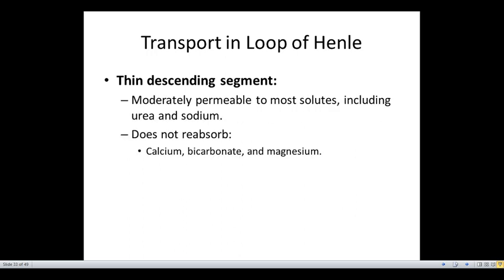The thin descending segment is moderately permeable to most solutes, including urea and sodium. However, it does not reabsorb calcium, bicarbonate, or magnesium.